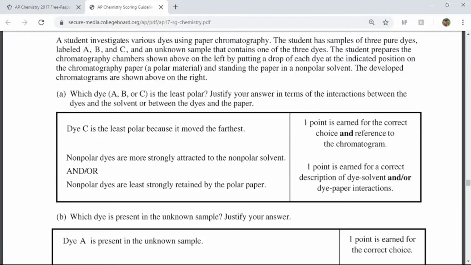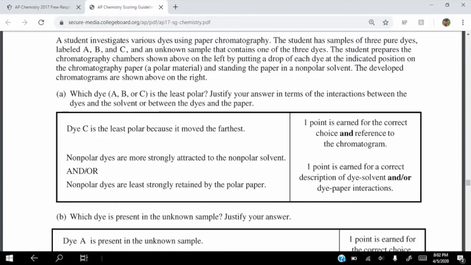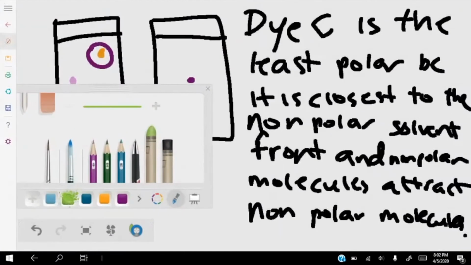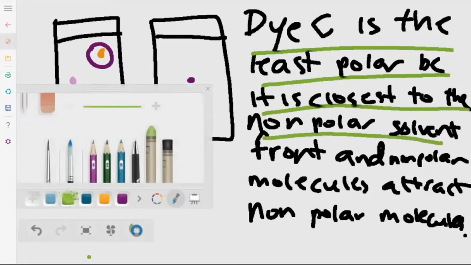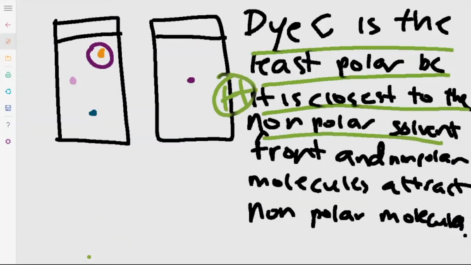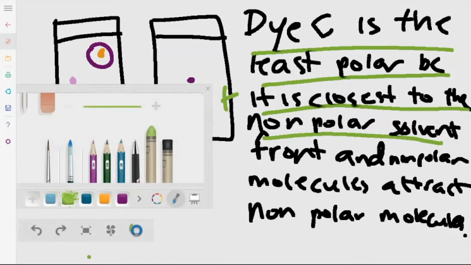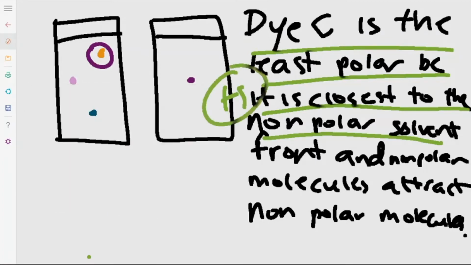So going to the scoring key to see how many points you'd get for that answer. You get 1 point for the correct choice and reference to the chromatogram. So they give the example, dye C is least polar because it moved the farthest. Let's go back to my answer. I said dye C is the least polar because it is closest to the non-polar solvent front. I think that gets a point. That's plus 1.